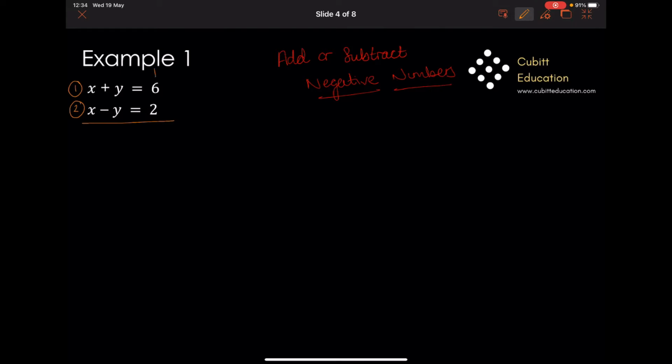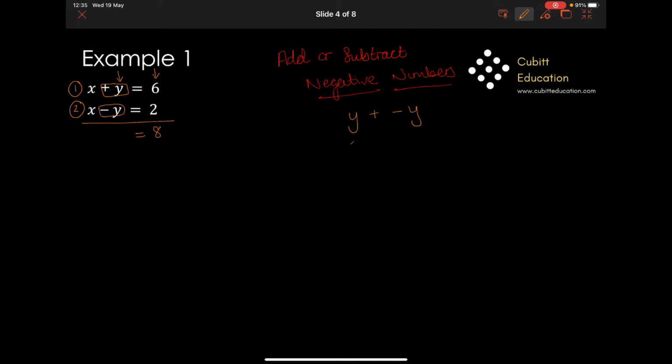I start by adding these two just because I like to do it that way. So 6 add 2 is 8. And then here I've got a positive y, and I'm going to add to that a negative y, because as you can see, this is actually a negative y and this is a positive y.